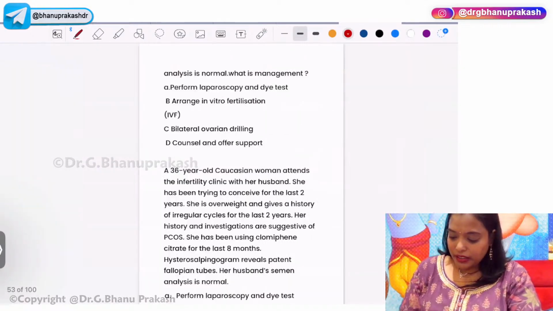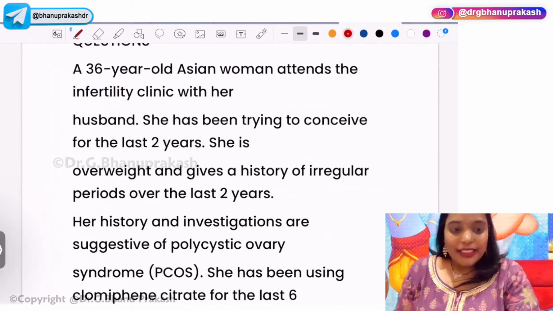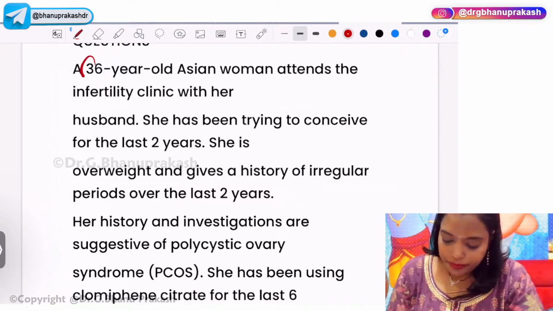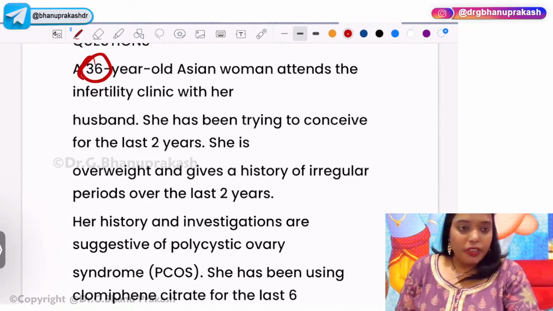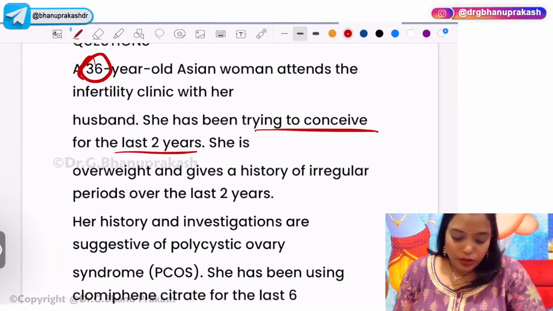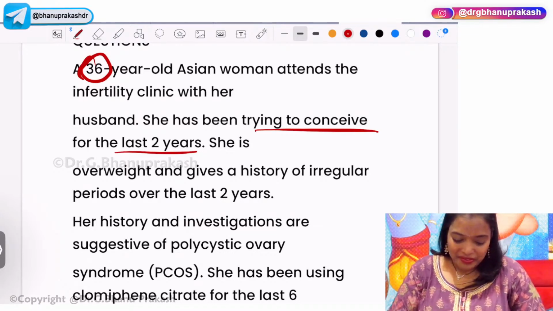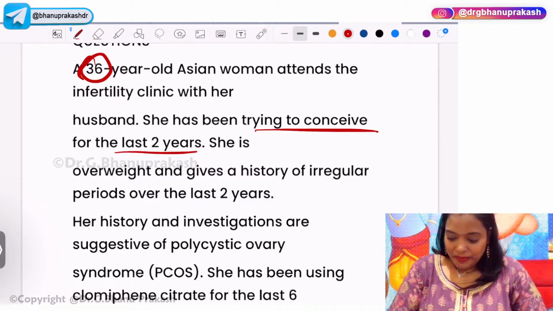So let us answer this question. A 36-year-old Asian woman came with infertility with her husband. She's been trying to conceive for the last 2 years. She's overweight and gives a history of irregular periods for the last 2 years.